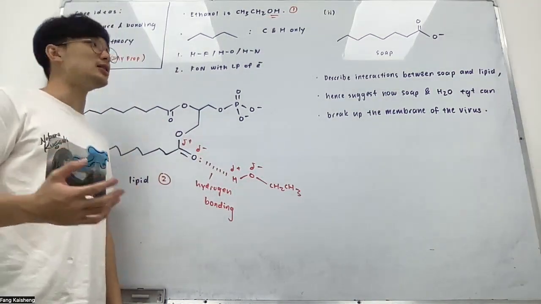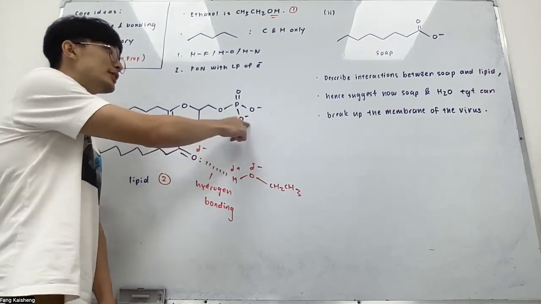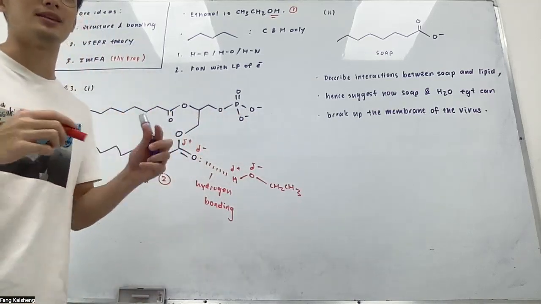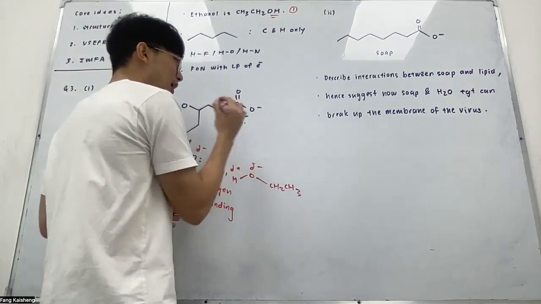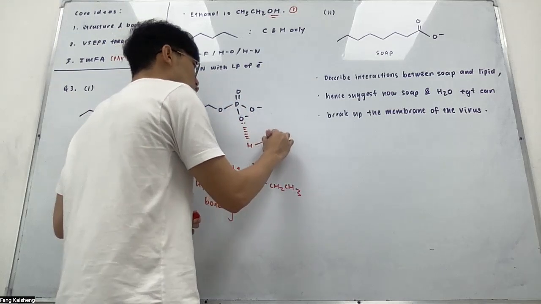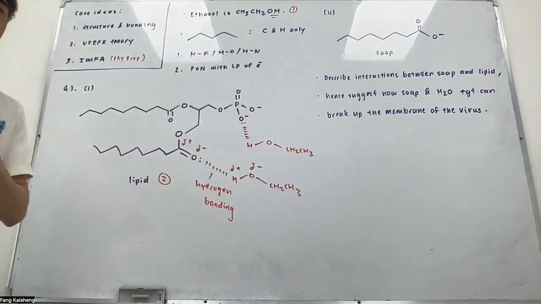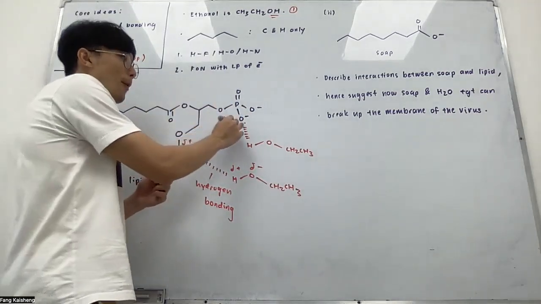But some of you also opt for this oxygen here, and that's possible. Now you see this oxygen has a negative charge, right? But it doesn't matter. Oxygen has a negative charge, but you can still attract the H. Something like this. It still has a lone pair.